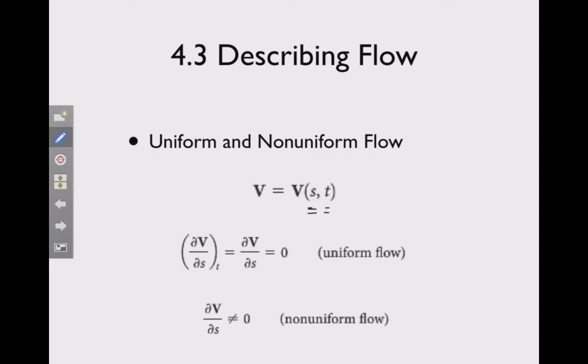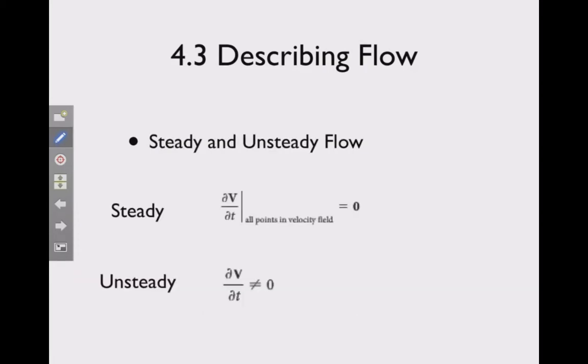We're holding time constant, or at least we're not looking at the time derivative. We're only looking at the derivative with respect to S along that path length. And if the velocity of the particle is not changing as a function of S, then we have uniform flow. If it is changing, we have non-uniform flow.